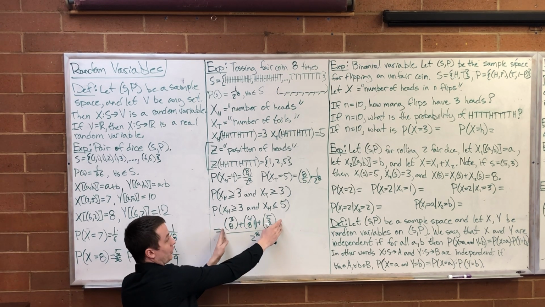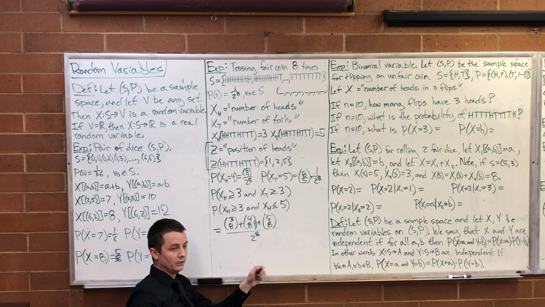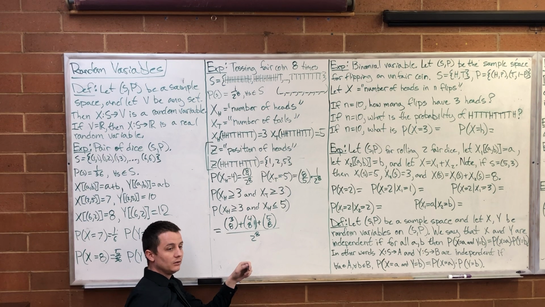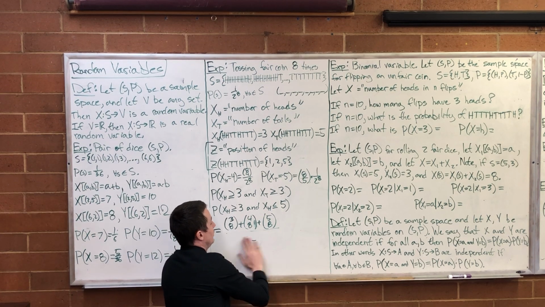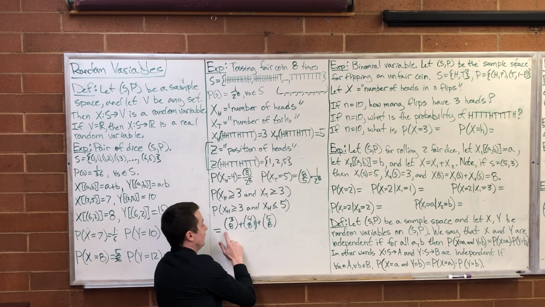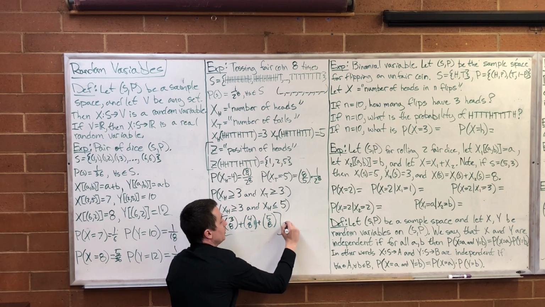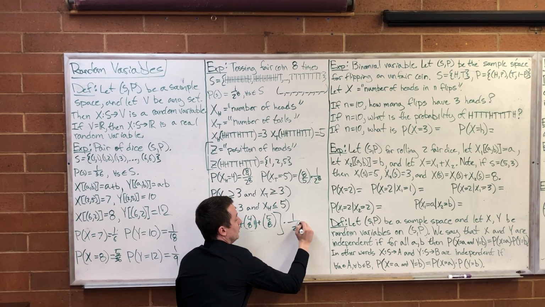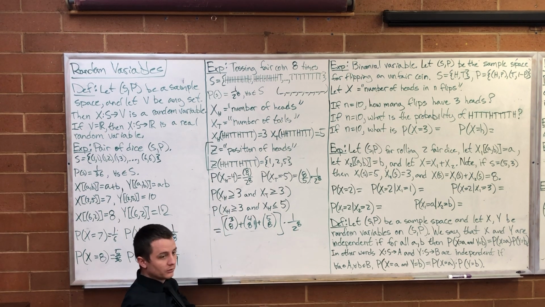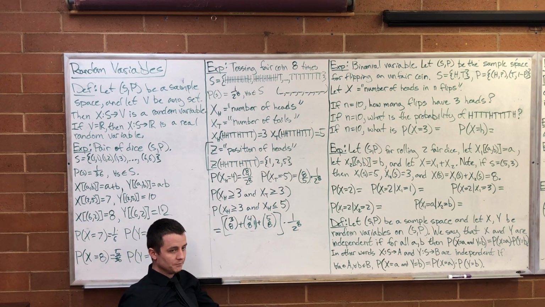Therefore, this many have 3 or 4 or 5 heads, and this is the total number of ways we can do it. Another way to think about it is, this is the number of flips that give us what we want, times the probability of each of the individual flips, if that helps you see it better.